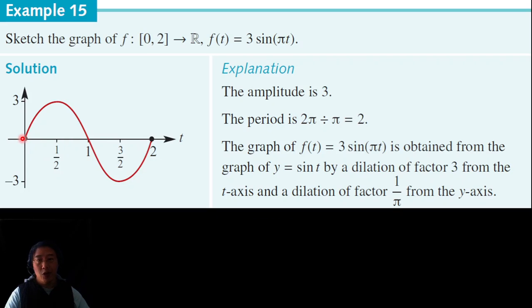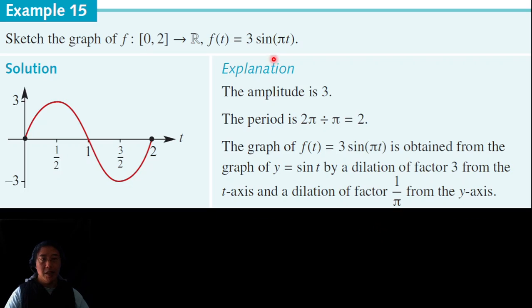Again, you start at 0, you end at 0, the middle value is going to be 0 again, and then you can just go halfway to the maximum, which is 3, go down to 0 again halfway through, and go to the lower value or minimum of -3 and go back to 0. Okay.